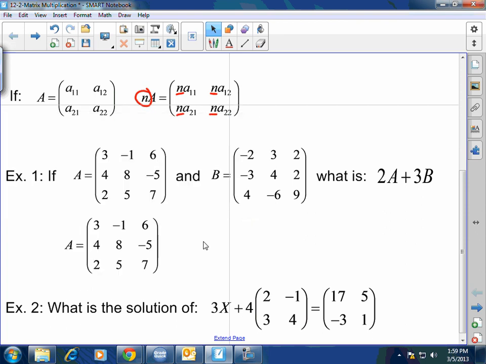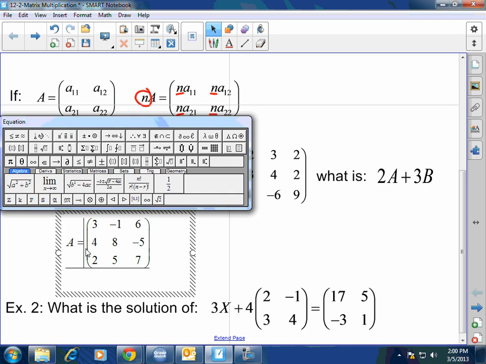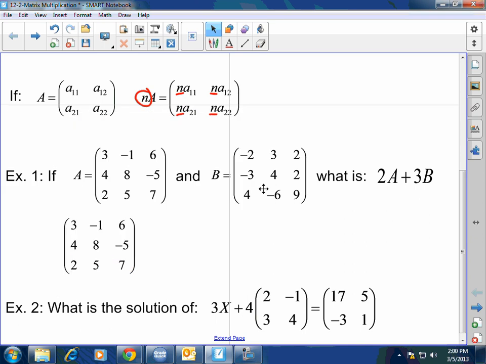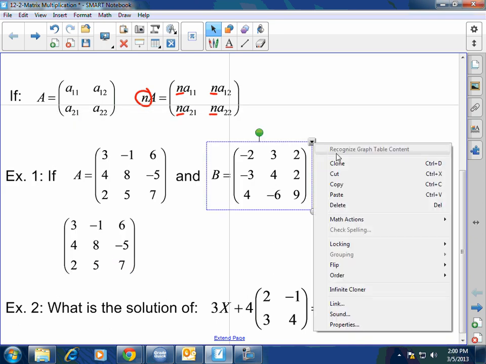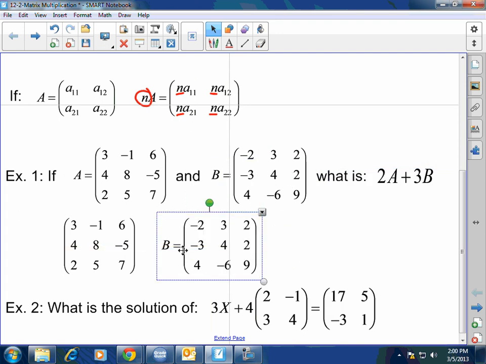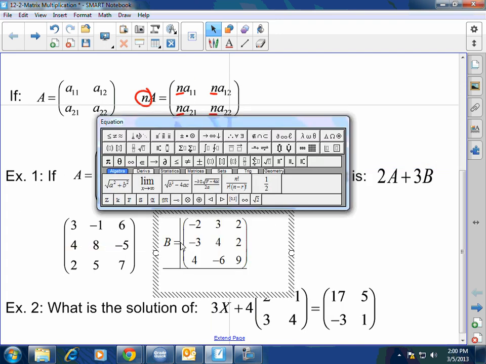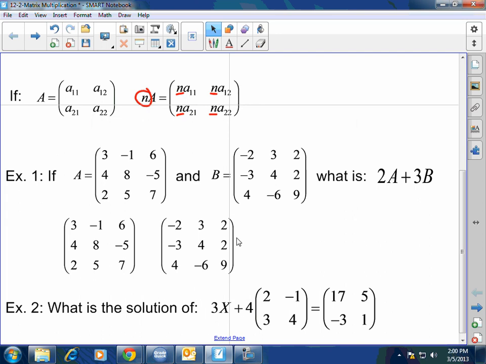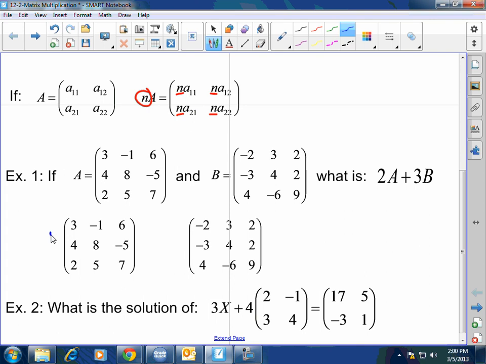Actually, let me just make my life easier. Okay. So 2A plus 3B. All right, well, this is going to be very, very easy, just a little bit time consuming.